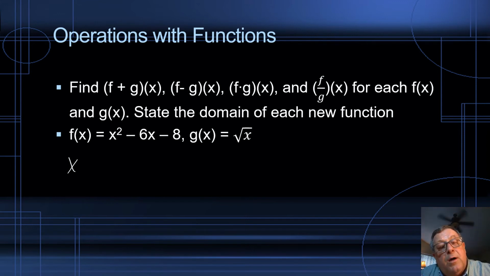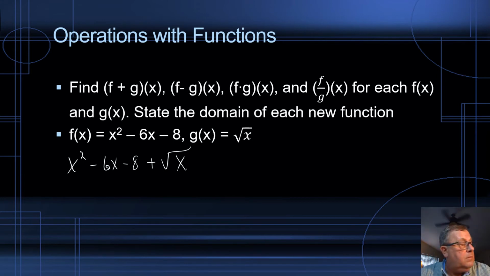So we got x squared, this is f of x, minus 6x minus 8 plus the square root of x. Well, those are four different terms. X squared is a term, negative 6x is a term, negative 8 is a term, square root of x is a term. I don't have any like terms to combine, so now I need to focus on my domain.